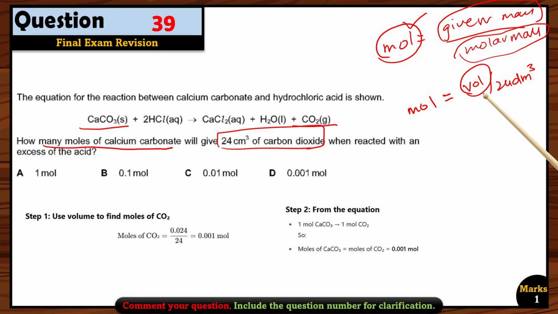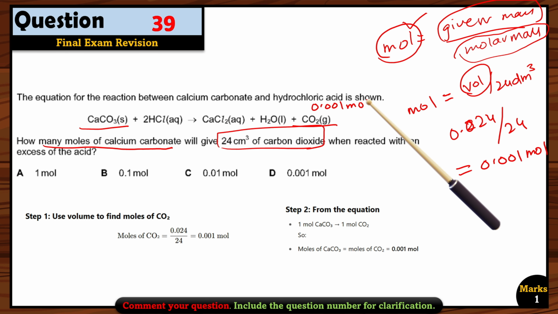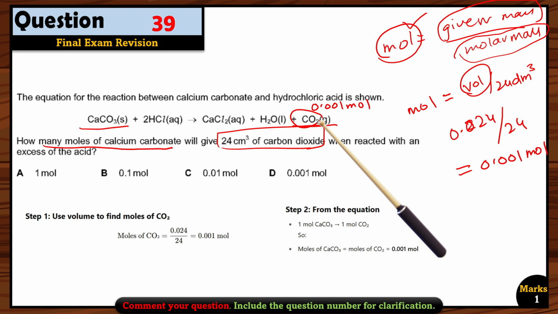So what is the volume here? 24. If you convert it into dm cube, it will be 0.024, right? So 0.024 divided by 24, you will get 0.001 mole, right? So it means 0.001 mole of carbon dioxide was produced.